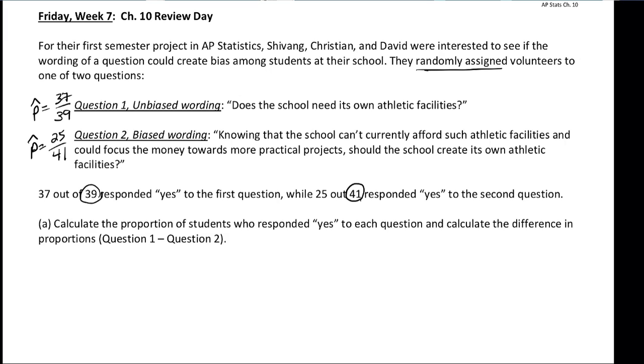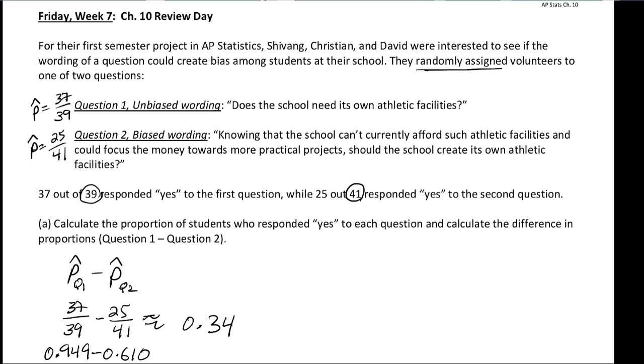So to calculate the difference in proportions, that would be p hat question 1 minus p hat question 2, which would be 37 out of 39 minus 25 out of 41, which gives us approximately 0.34 or 34%.